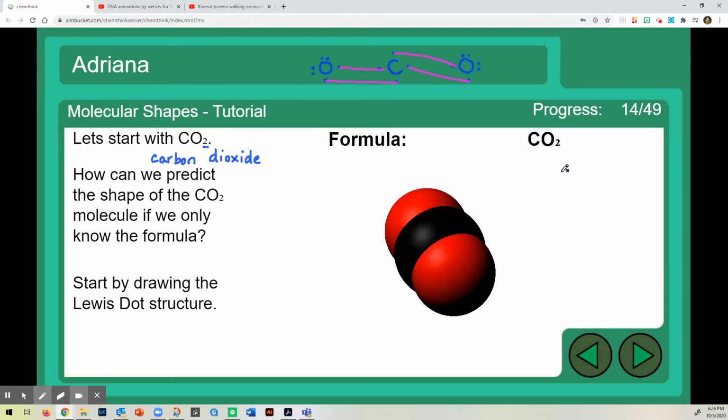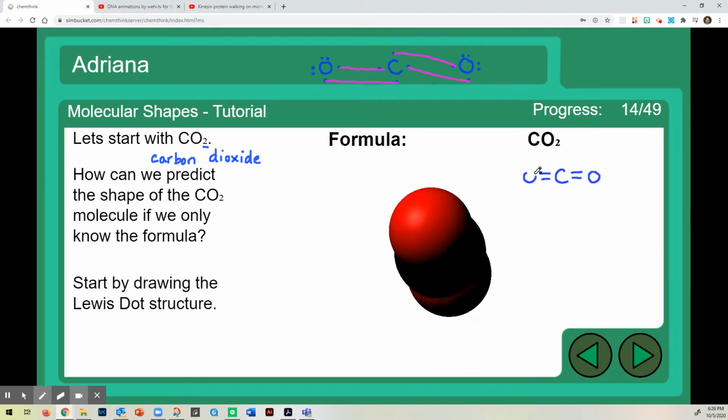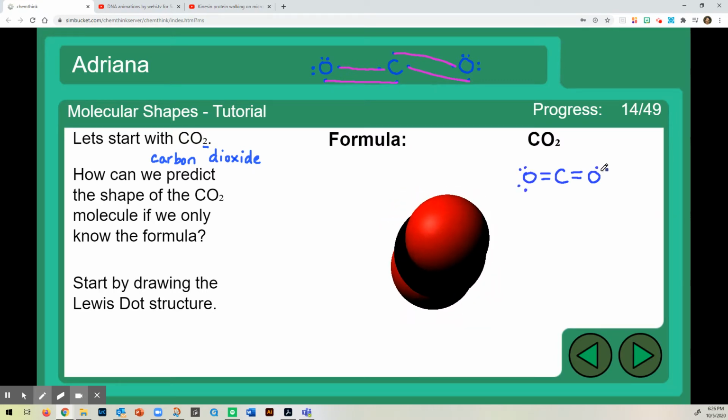So here's going to be our Lewis dot structure. Carbon double bonded to an oxygen, double bonded to an oxygen, and we should have 2 lone pairs left around each oxygen atom. Let's just double check that this makes sense. Carbon wants to form 4 bonds and wants to have 8 electrons total.